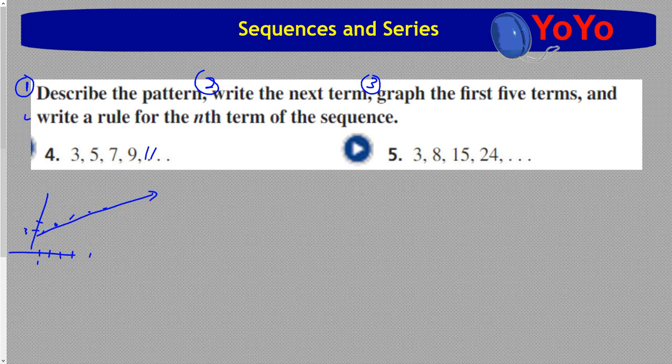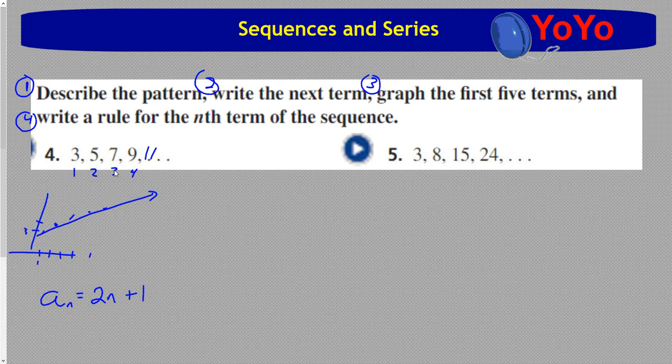And 4, write a rule for the nth term. So if this is the first term, second term, third term, fourth term, the rule I'm seeing, a sub n is 2 times n plus 1. So for the first term, I plug in a 1, I double it, I get 2, and I add 1, and I'm at 3.